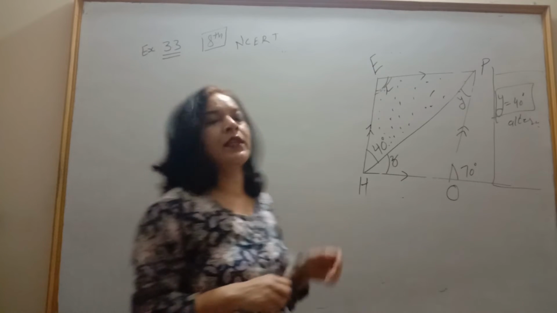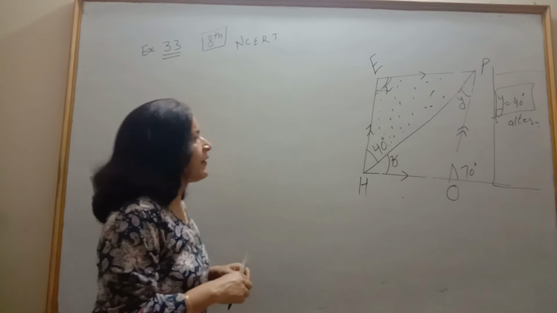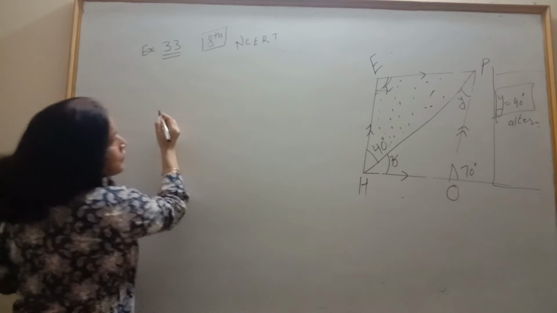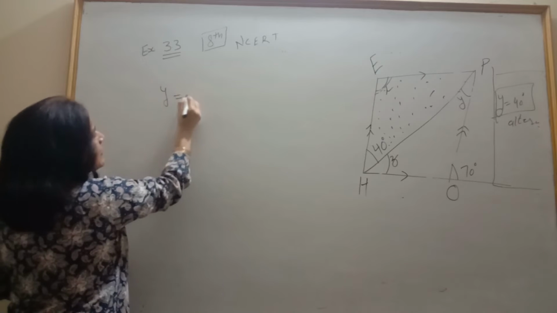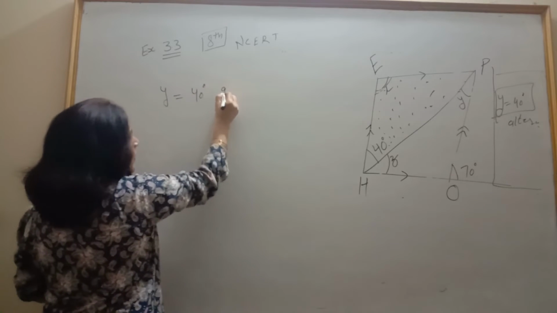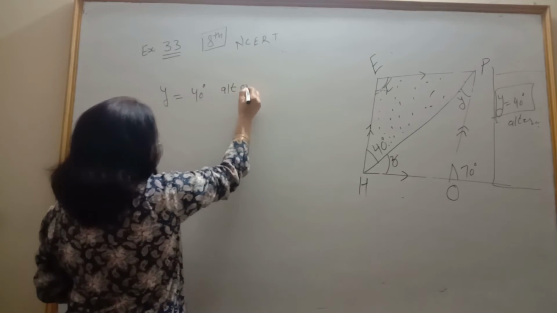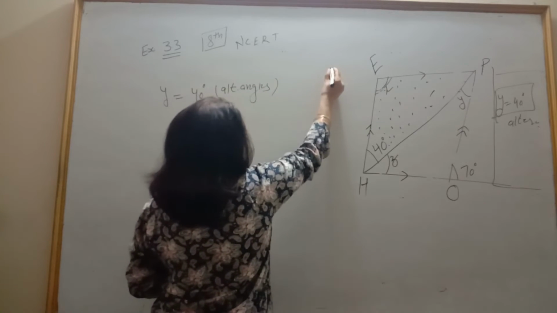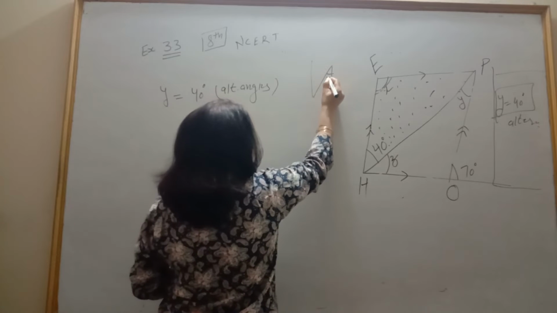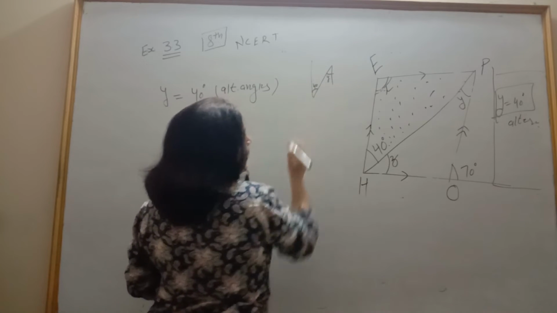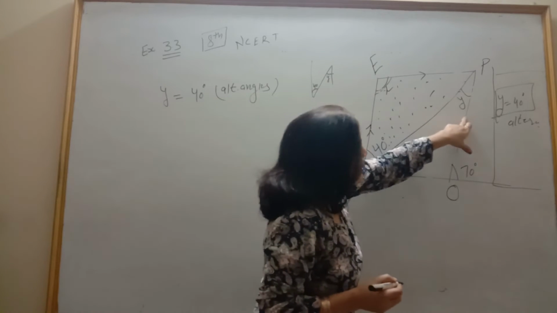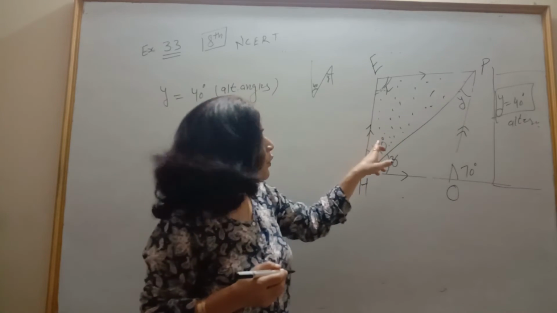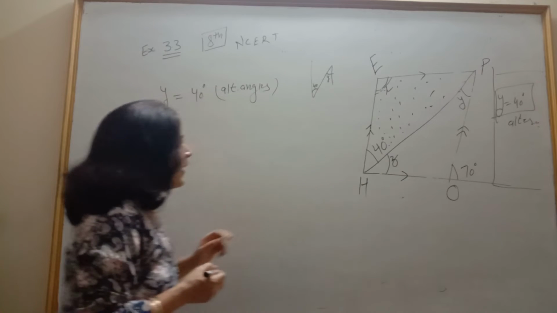Here students, in another method you can find, first of all, angle Y is equal to 40, alternate angles. How? Like this. It's Y and it's 40. Because this line is parallel to this line and it is a transversal, so Y is equal to 40, alternate angle.